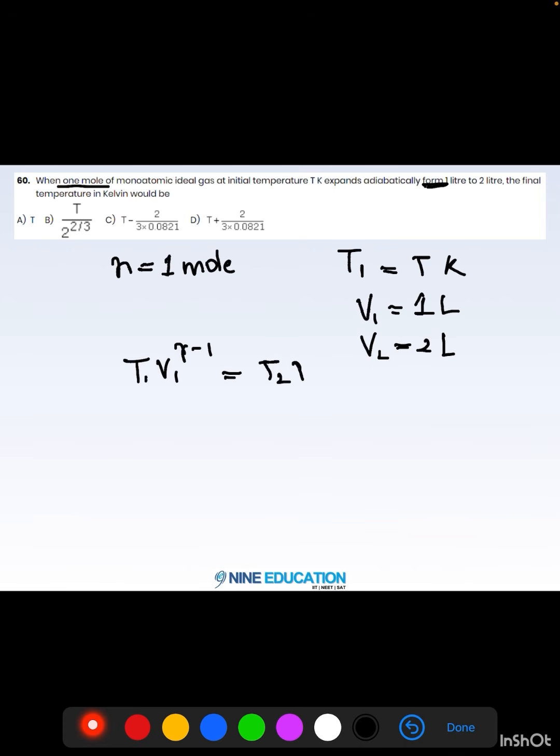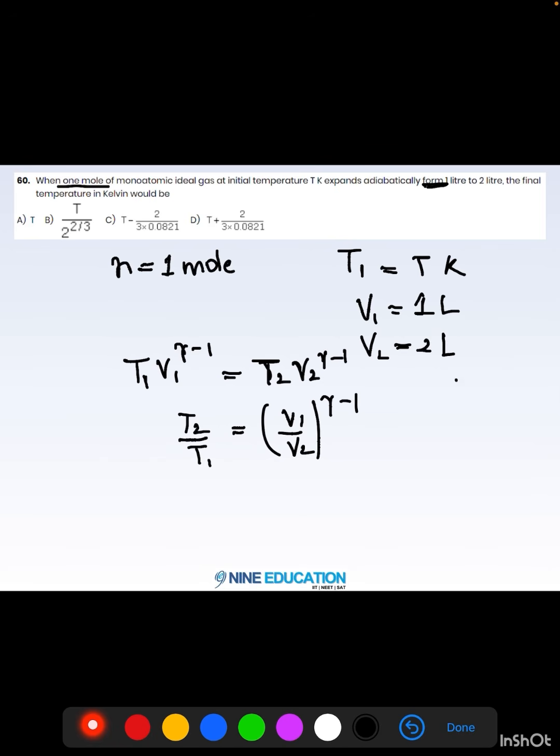T2 V2^(gamma minus 1), right? TV^(gamma minus 1) should be equal to constant. Now if you will simplify this further, what you'll be getting? T2 by T1 will be equal to what? (V1 by V2)^(gamma minus 1).